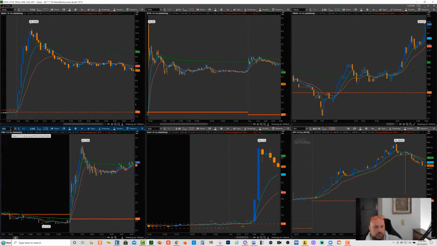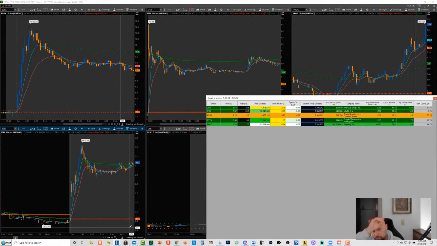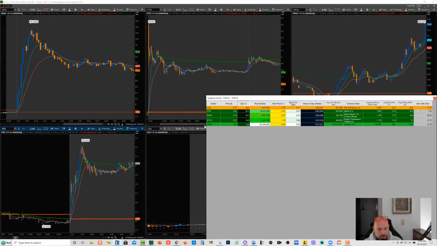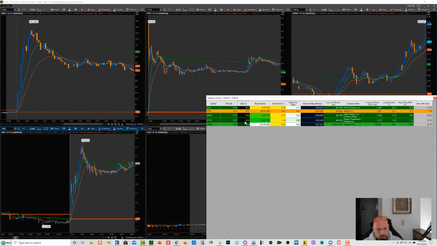So with Trade Ideas, there are also some really good free scanners out there. But it's about hunting for the ones that are moving up, the top gappers in the morning.